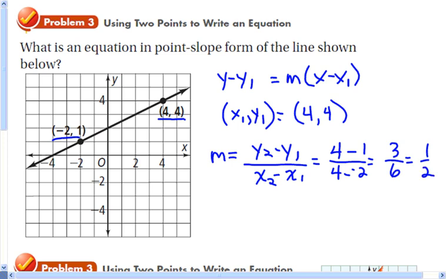And now I can just substitute my x sub 1, my y sub 1, and my slope into the formula, and I get y minus 4 is equal to 1 half times x minus 4. And that's all there is to it.